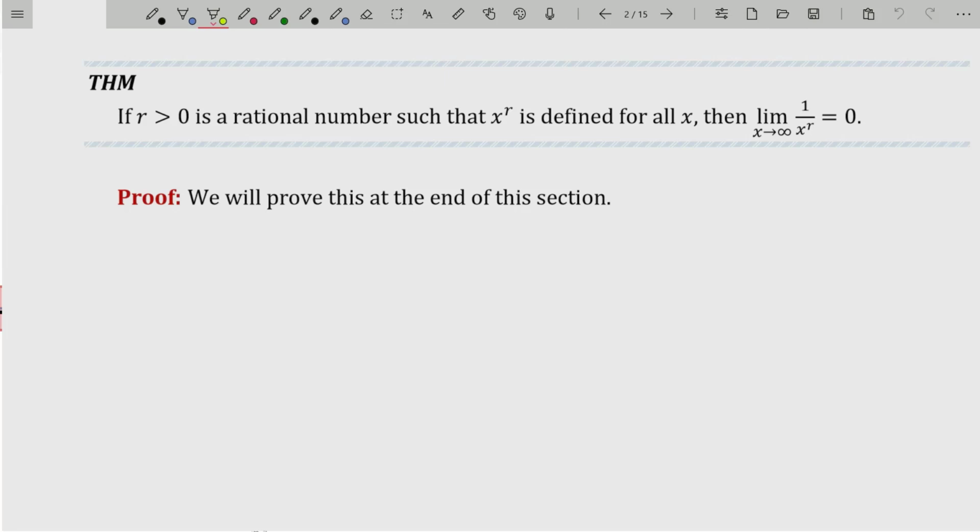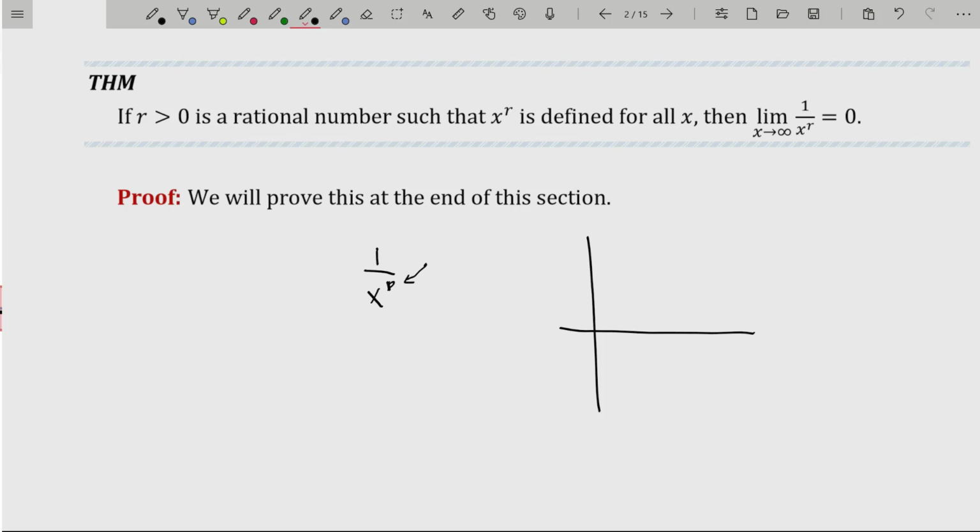Now, I hope for most people that makes sense, because if you think about 1 over x to a power, as long as that power is positive, that function in general, it's not always going to be this way, but I'm just going to pretend as though it's an integer power. So like a natural number, like a 3 or 4 or 5, it's going to do this.